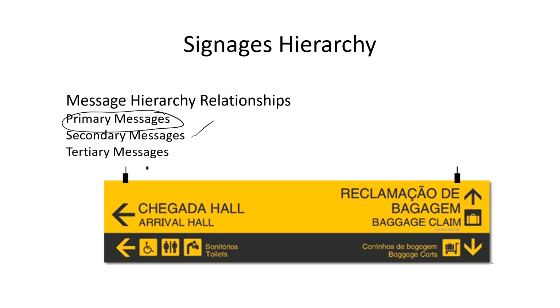For example, you can see an image at the bottom. At an airport arrival hall, a signage program illustrates message hierarchy. Priority messages include baggage claim, because the moment you enter the arrival, you will definitely look for where you can find the baggage.